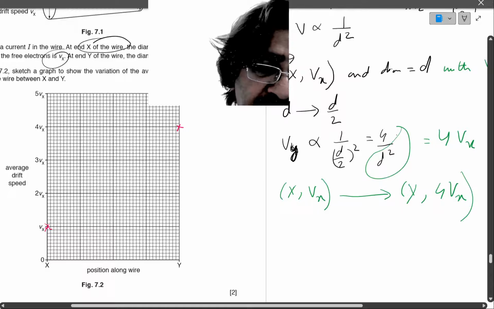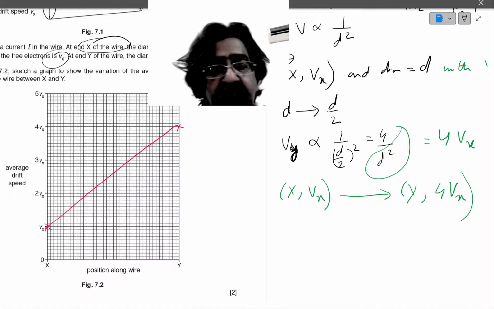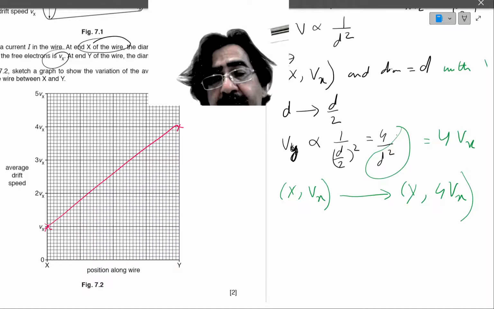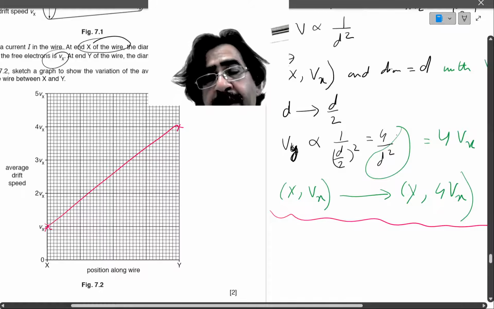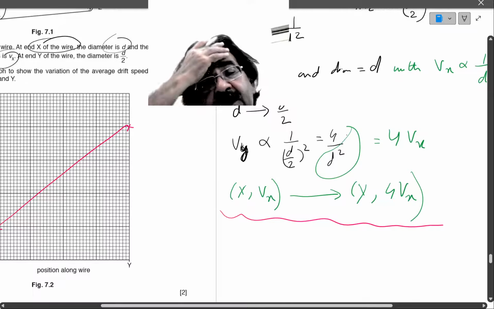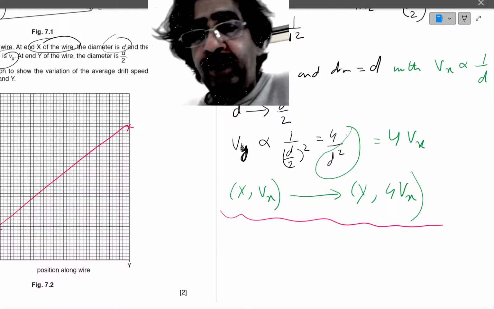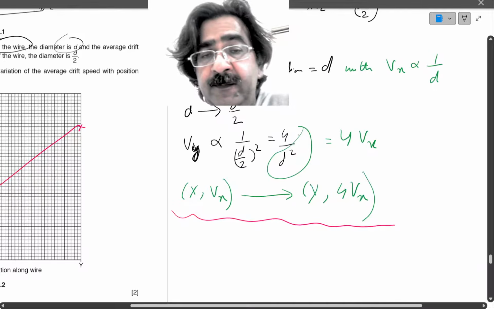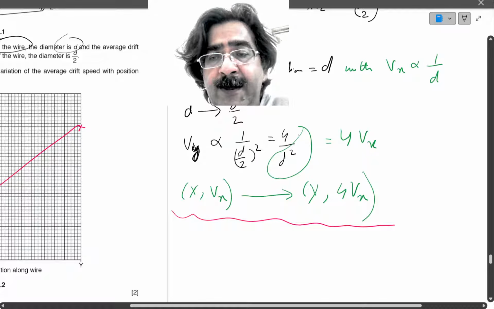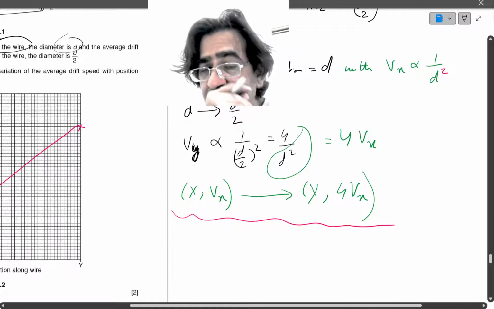So this will be the line. Okay, 4Vx. So this will be the answer. Sorry, here was a D scale.